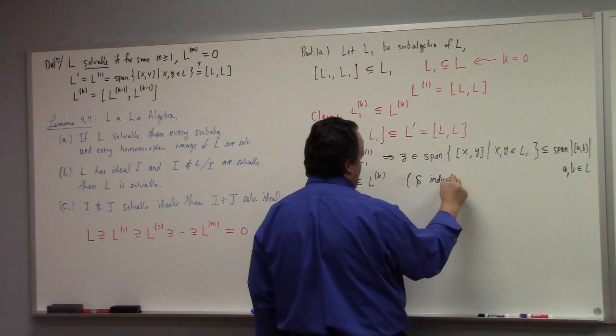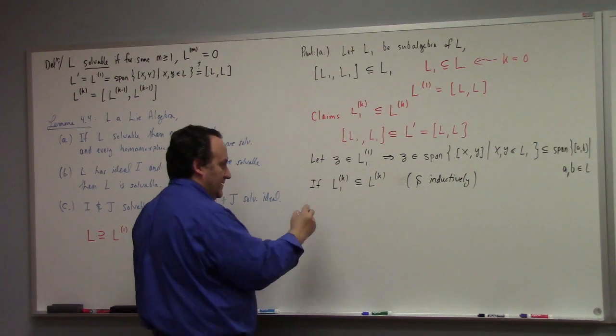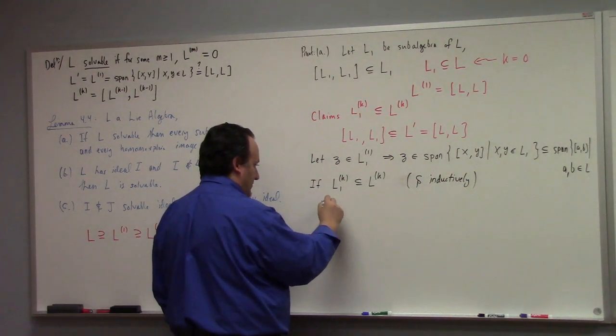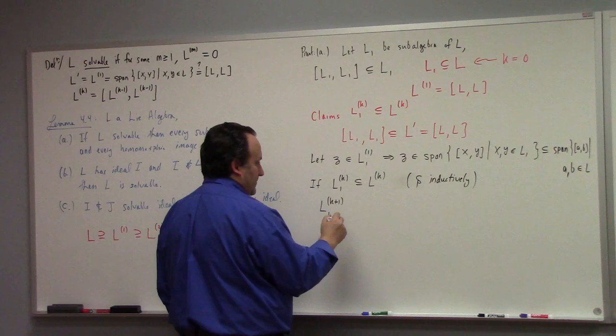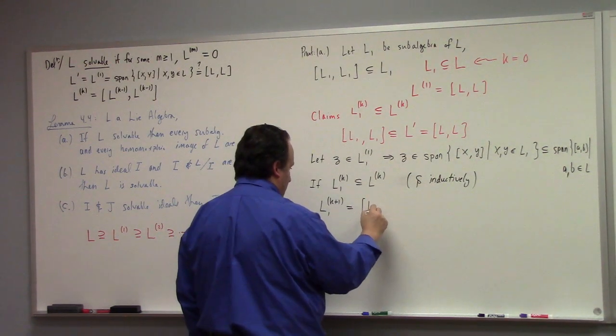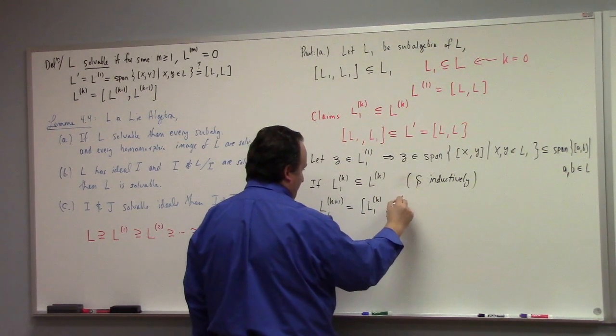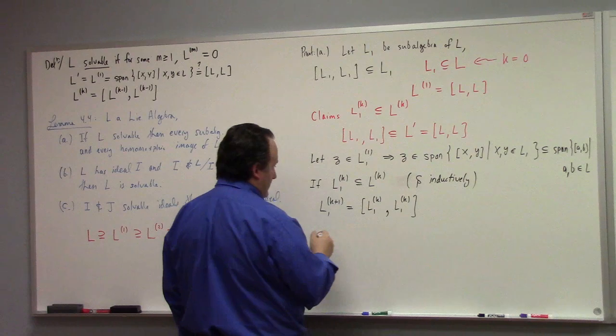And this may be kind of a stupid use of induction, but suppose it's true inductively, then consider what would L1 of K plus 1 be? Well, that would be equal to the L1K bracket with L1K, right? By definition.